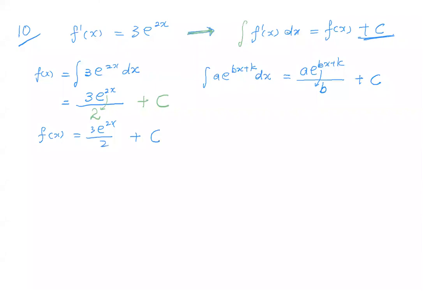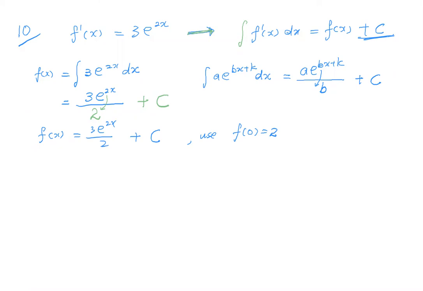So now I have to get the value of c. How to get the value of c? I'm going to use this information. So what does this information tell you? It tells you that if I put x as 0, my fx will be 2.